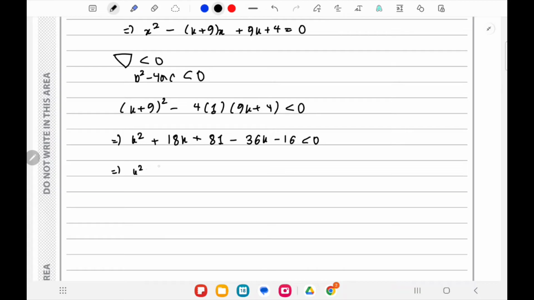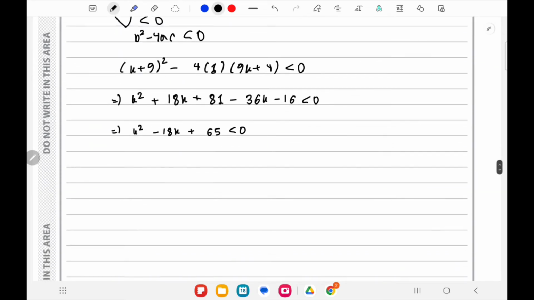So you'll get k square minus 18k plus 65 less than 0. Now if we factorize this, we'll get k square minus 13k minus 5k plus 65 less than 0.